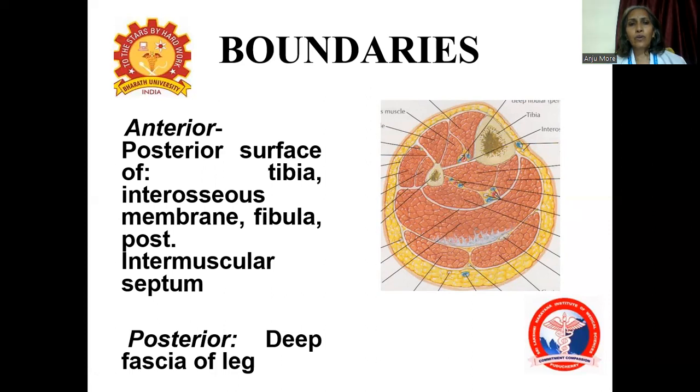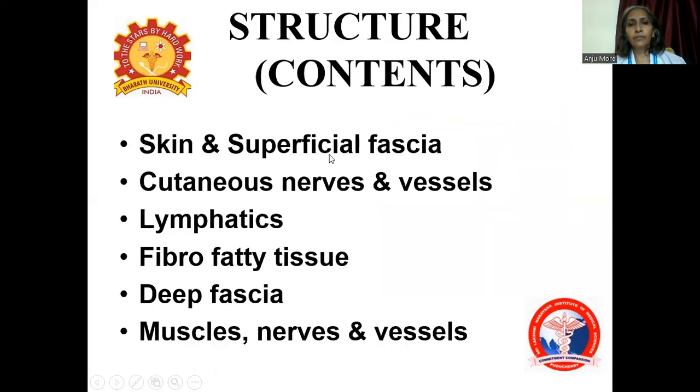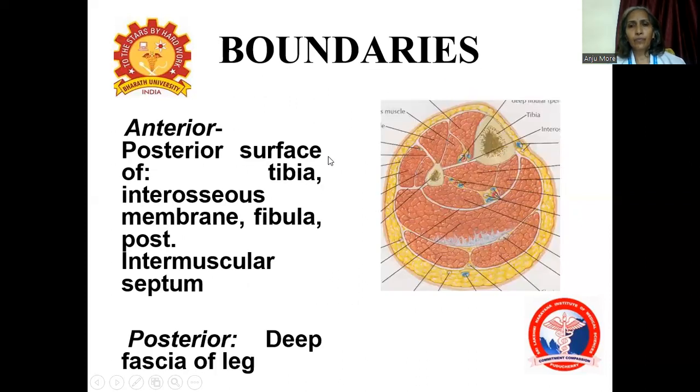So the boundaries of posterior compartment of leg are: anteriorly, the posterior surface of tibia, the interosseous membrane joining the lateral border of tibia to the medial border of fibula. This is the interosseous membrane here.